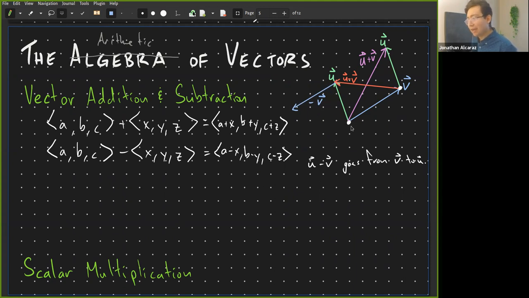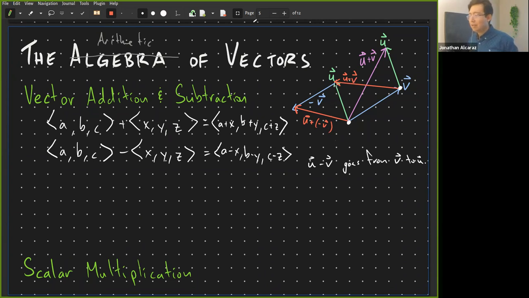It's going in this direction. So that gives us, again, U minus V, right? Or U plus negative V, however you want to see it. So that there is our U plus negative V, which is the same as U minus V.